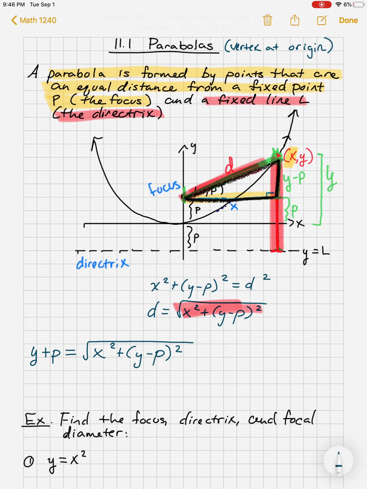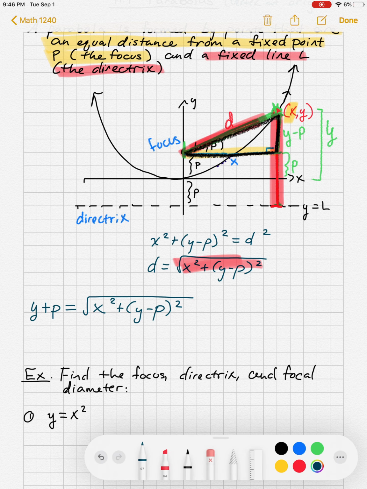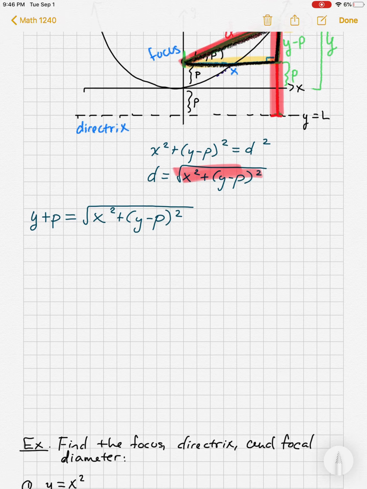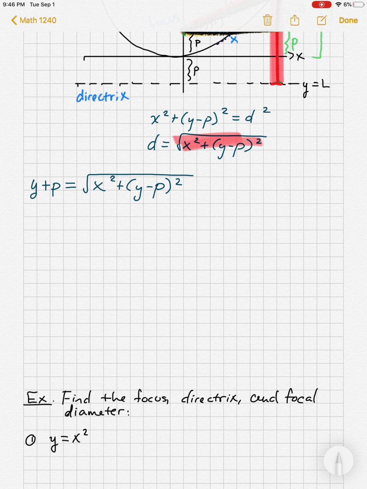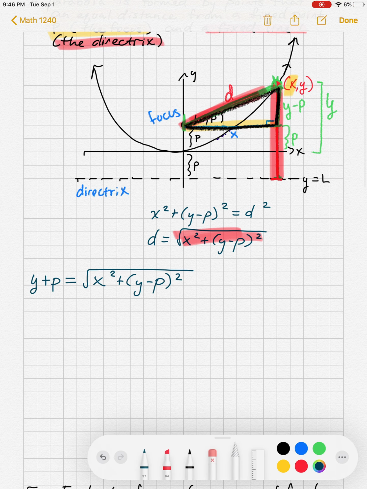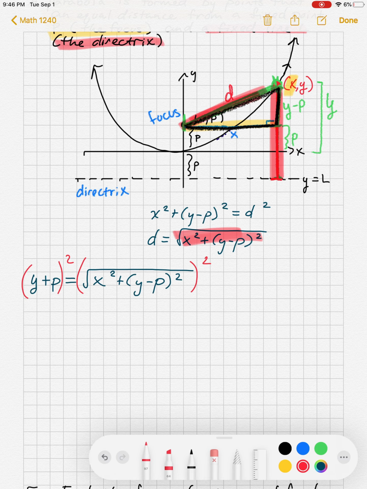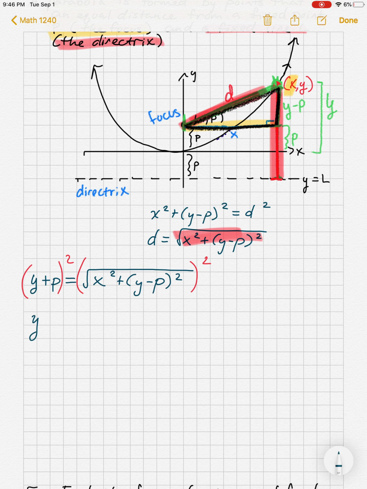Then I just have to solve, or simplify, that equation. Let me move this for the moment. I think I would square both sides here. Be careful, you have to do a FOIL.